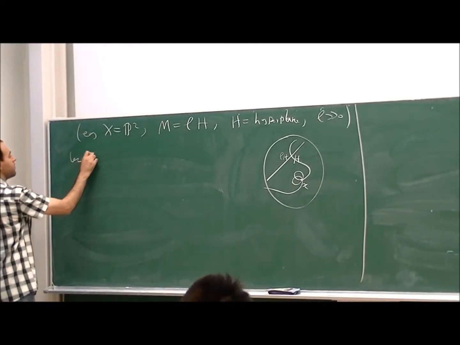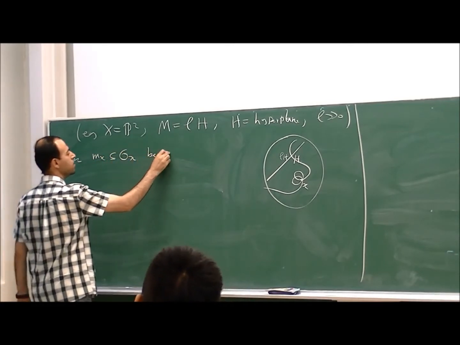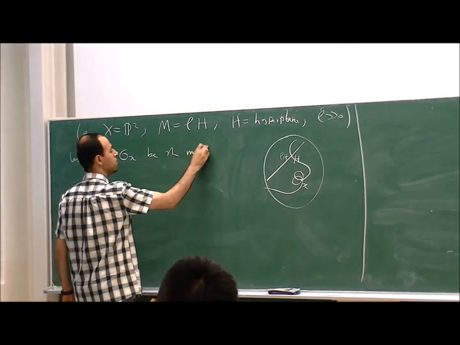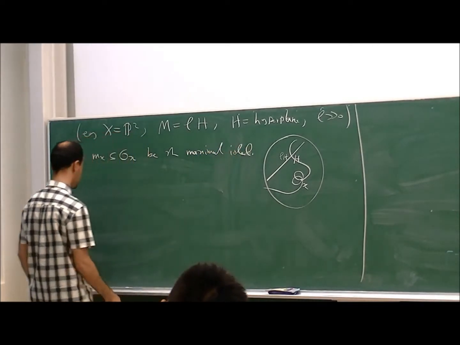Well, let m_x inside the local ring be the maximal ideal of the point.